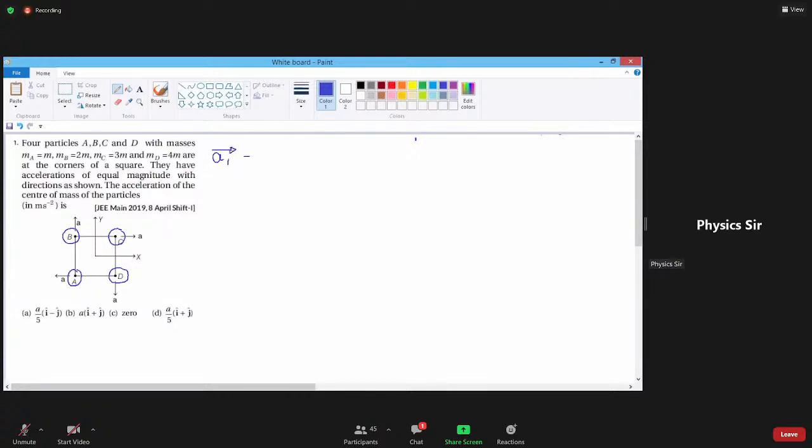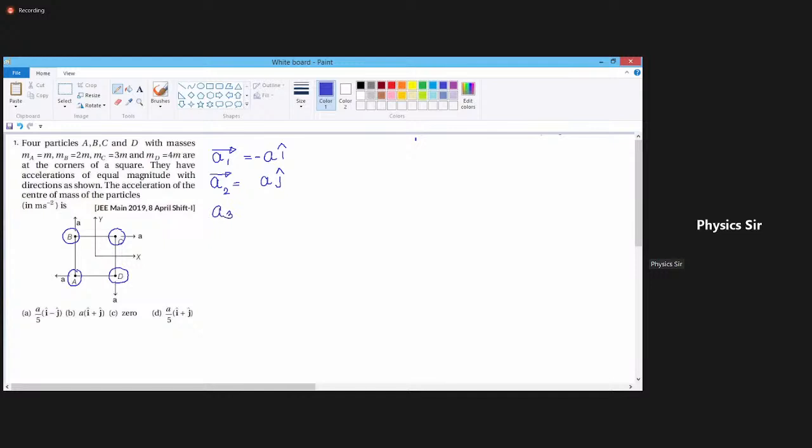This acceleration a1 is for particle A. It is moving along the negative x-axis, so the magnitude is A, but it is minus A I cap. The acceleration of particle 2 at B has magnitude A, and it is along the y-axis.